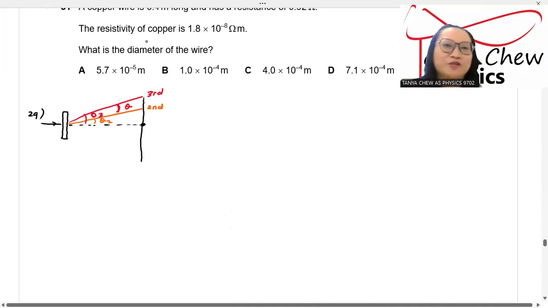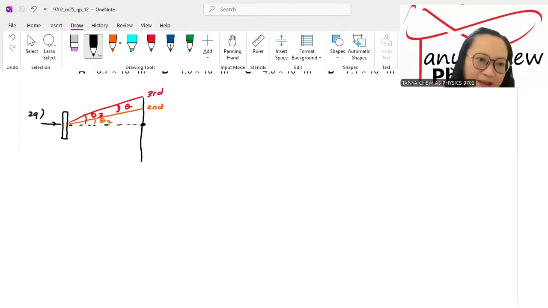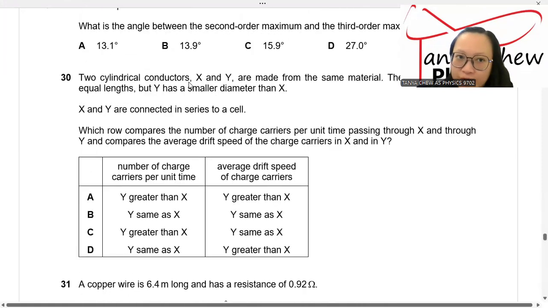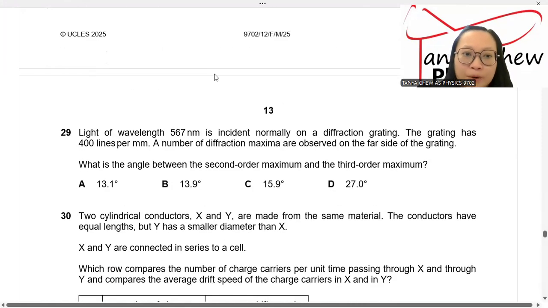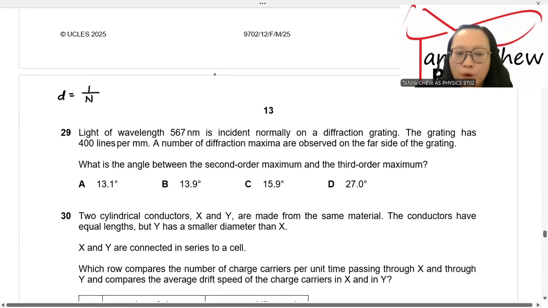First step, you need to find the second order theta. So I am going to write down the equation of the diffraction grating: d sine theta 2 is equal to 2 lambda. d is not given. They give you the number of lines per millimeter. d is equal to 1 over n, where n represents the number of lines per meter.